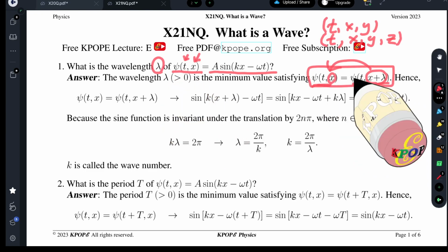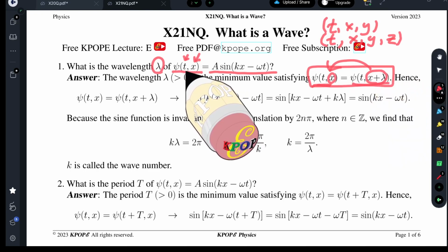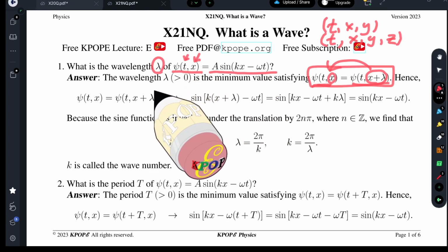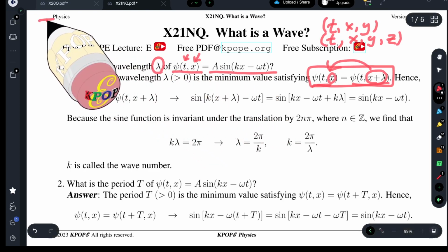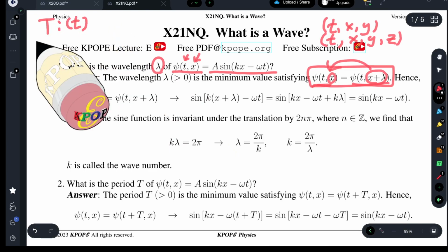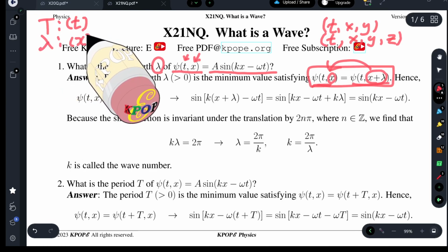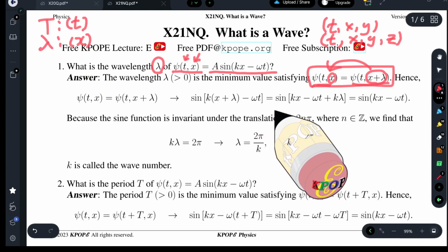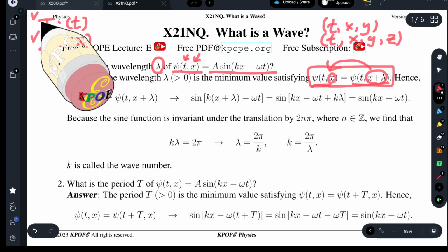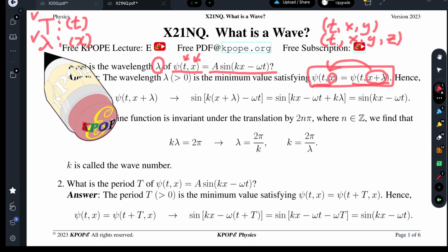The period in space is called the wavelength, and the period in time is called the period. So we use capital T for the period in time and lambda for the period in space. We usually use positive values for the period T and wavelength lambda.